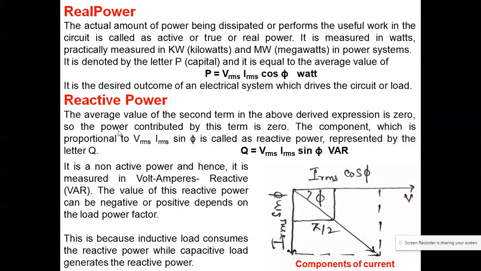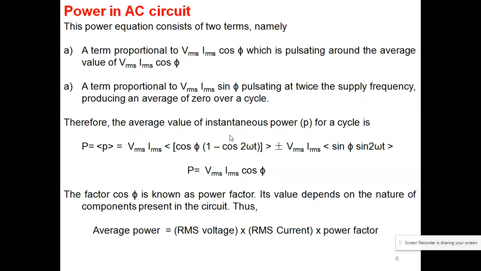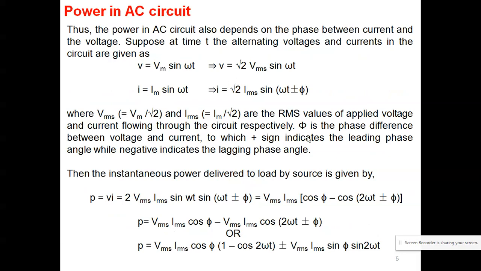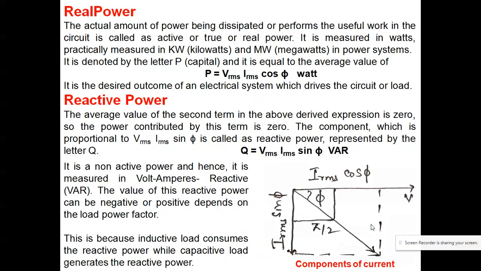Is it okay? So the average value of the second term, whether I take the average of this or of this, becomes equal to 0. So this power contribution is 0. The component which is proportional to this is called the reactive power.